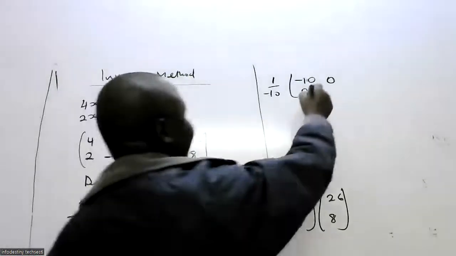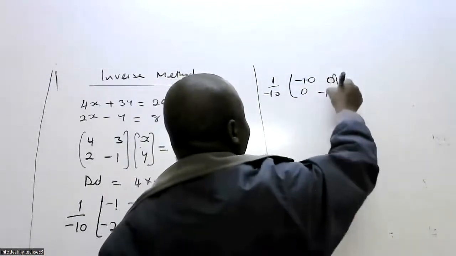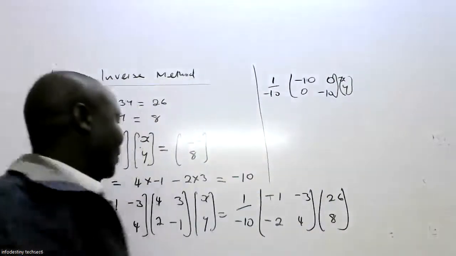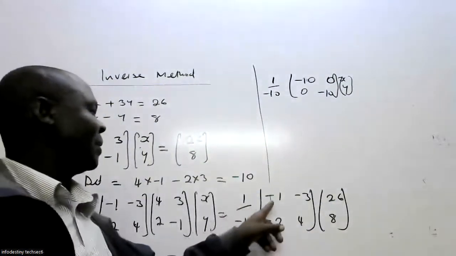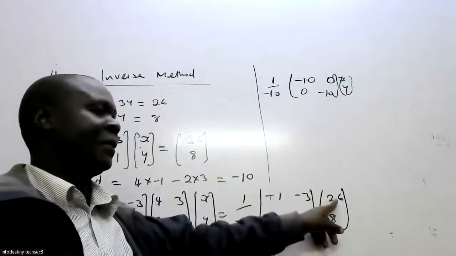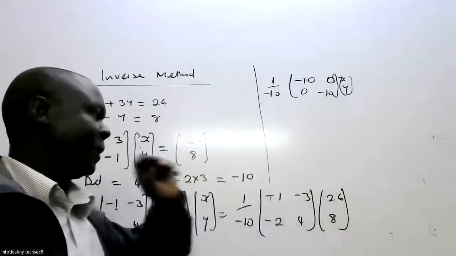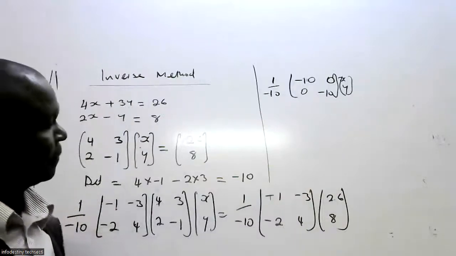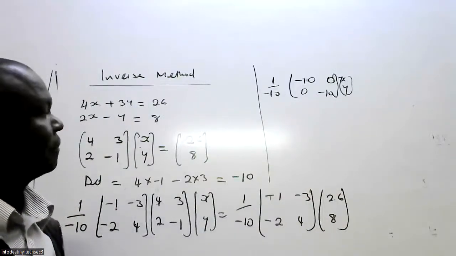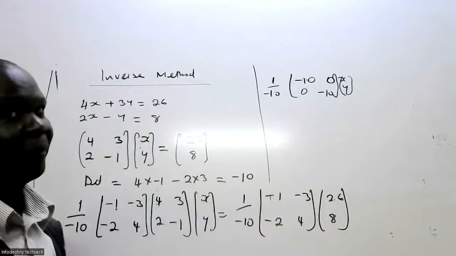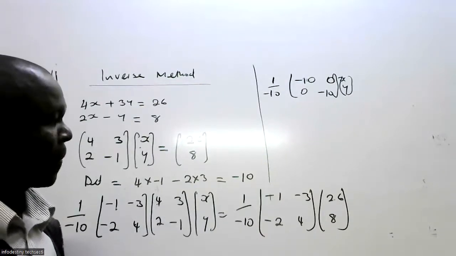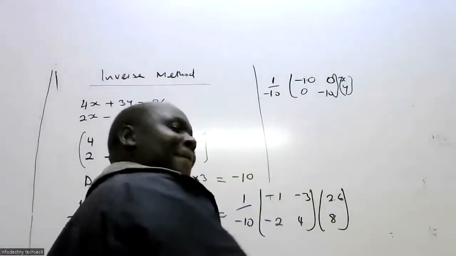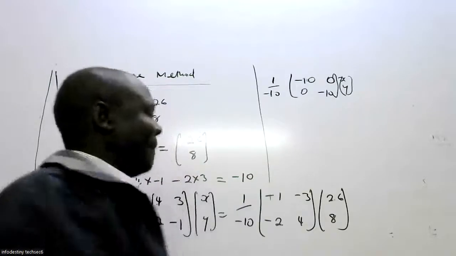So this is negative 10. Then this one times this, negative 36, plus this times this, negative 24. It's negative 50.